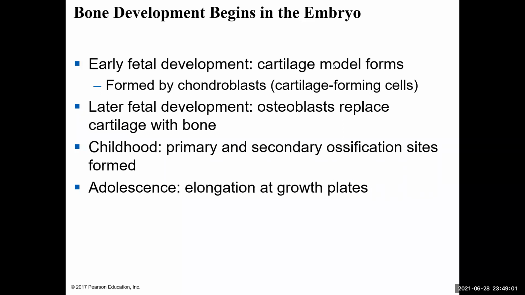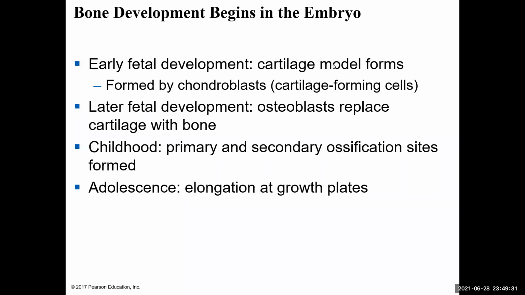So early on, after fertilization, when an embryo is developing and growing into a fetus, you have the early structural forms of that embryo developing. And instead of starting out as a fully developed skeletal system, our skeletal system starts out as basically cartilaginous models.